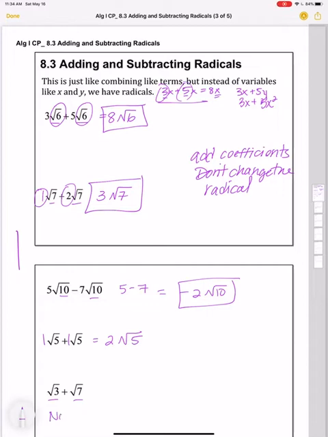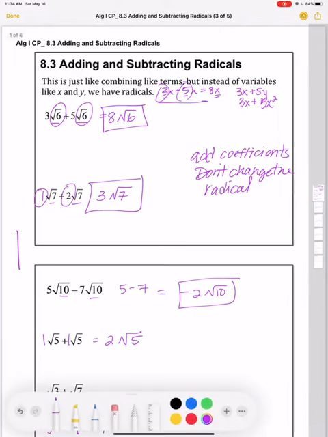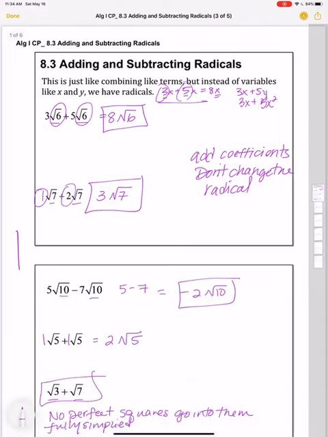No perfect squares go into them. Because no perfect squares go into them, they are fully simplified. So I cannot add them together because they are not like radicals. So your final answer is just this, because you cannot combine them.